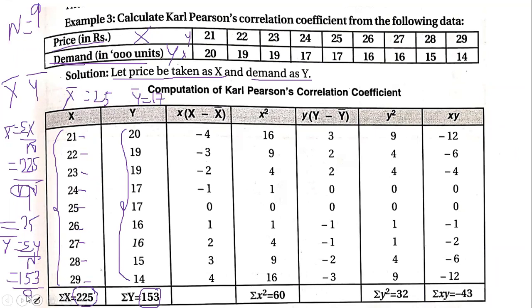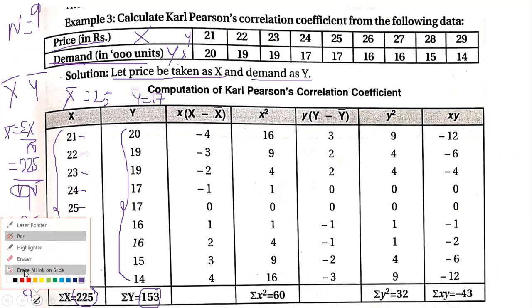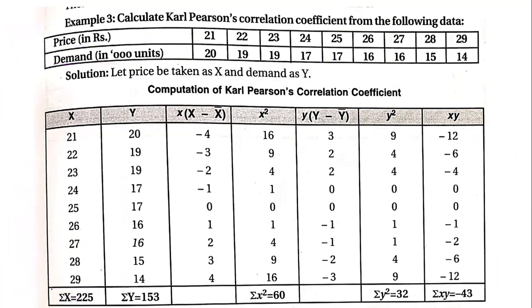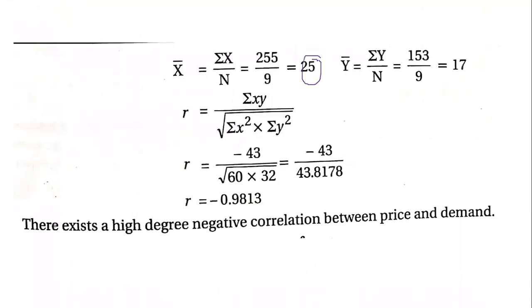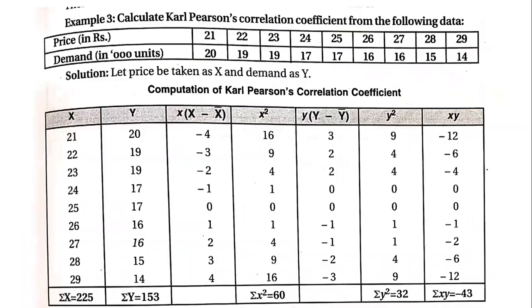So the first step that we were supposed to find out is the actual mean. So the actual means were 25 and 17. Okay, so that is the first step. Now the second step, step number 2, is to find the deviations.